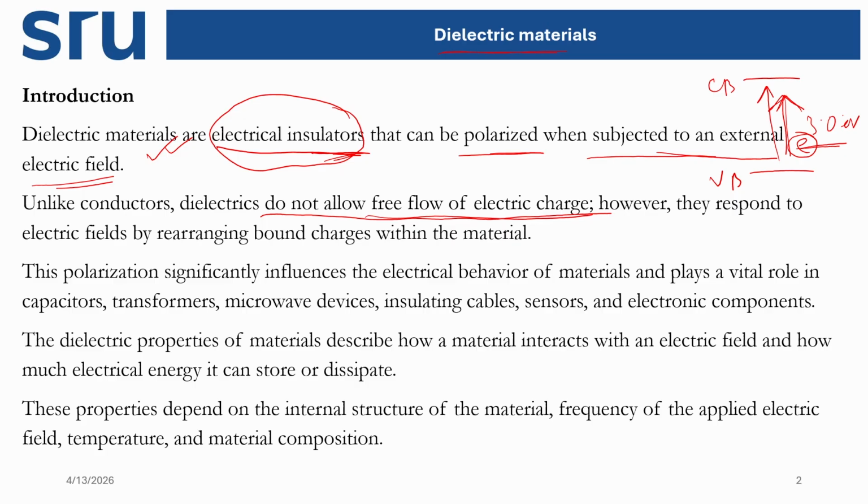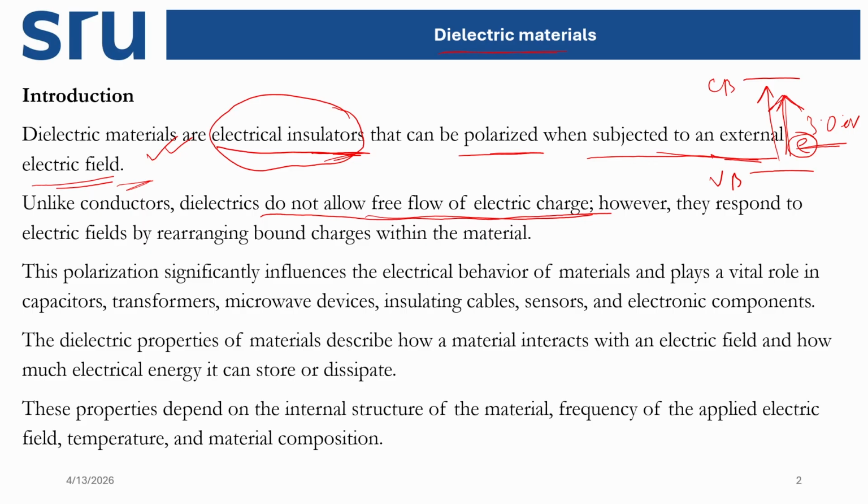So what happens when we place this kind of compound in the presence of an external electric field? The charges or the electrons inside the molecules will orient in a specific way, so there will be some polarization in the compound.